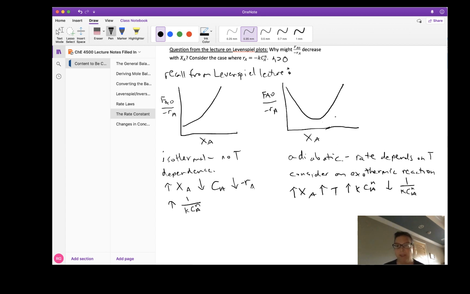And then in this region, the rate becomes concentration dominated again. So on this side, in the decreasing regime, we have a temperature dominated regime. And here we have a concentration dominated regime.